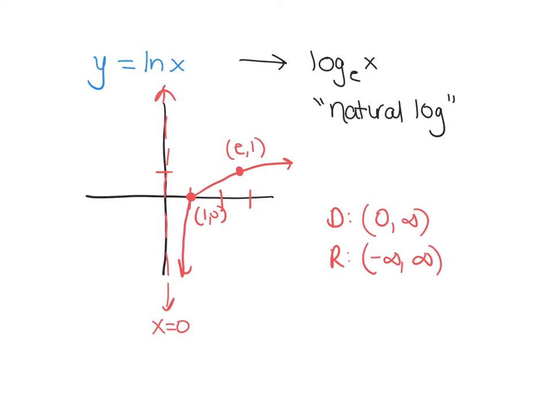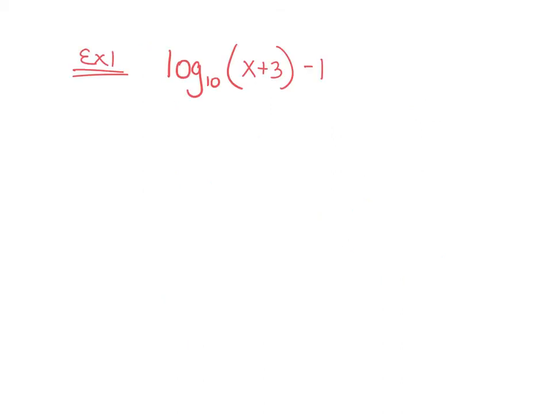Okay, we'll do one graph with transformations, and then that'll be it. If we look at this, we have log base 10 of (x plus 3) minus 1. Let's first start talking about our parent function. Your parent function is y equals log base 10 of x.